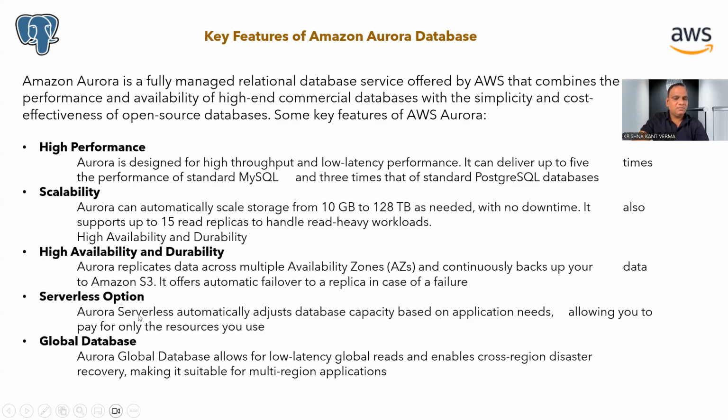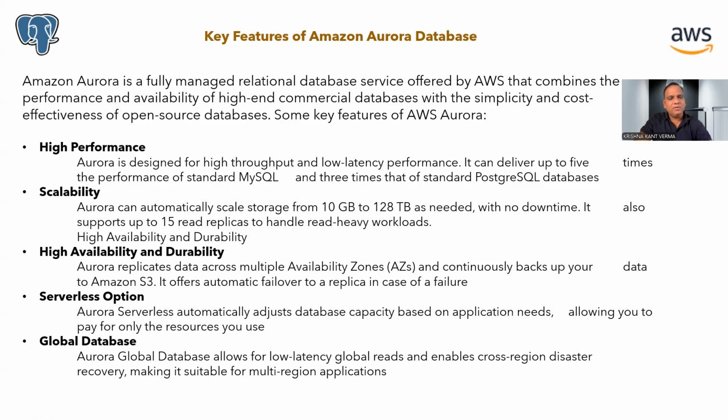Serverless option, as we discussed earlier, AWS Aurora provides a serverless feature of database configuration. It automatically adjusts the capacity of the application as per need, like when the traffic or the users grow on your application, and if there is a need to increase the volume or the capacity of the database server, it will automatically scale up.